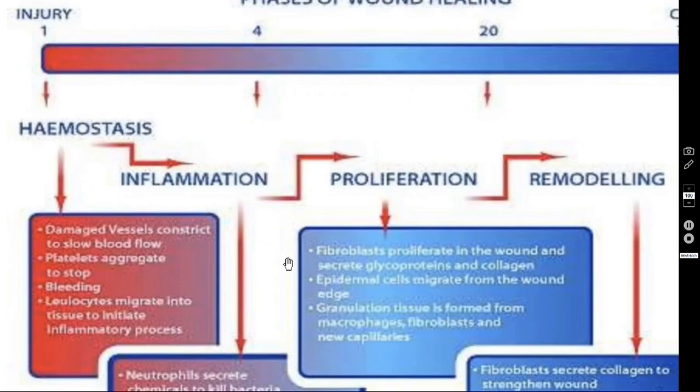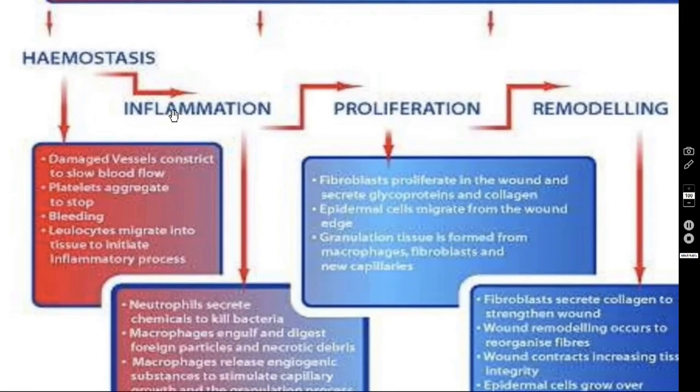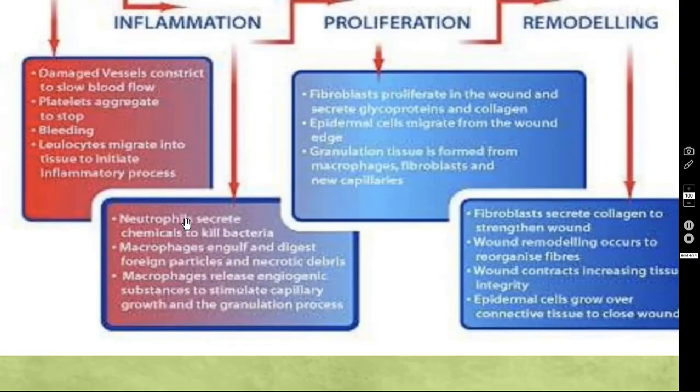After 4 days comes the second stage, the proliferative phase, where the main cell is the fibroblast. In the early inflammatory phase the main cell is the platelet; in the late inflammatory stage, the main cells are the neutrophils and macrophages.